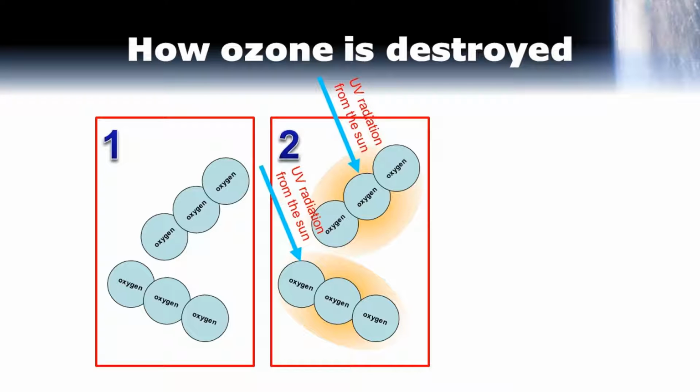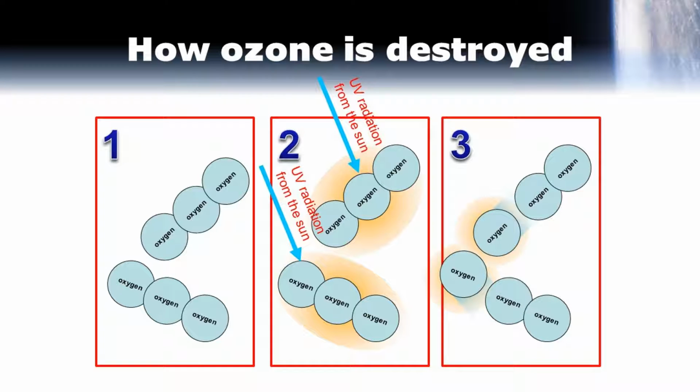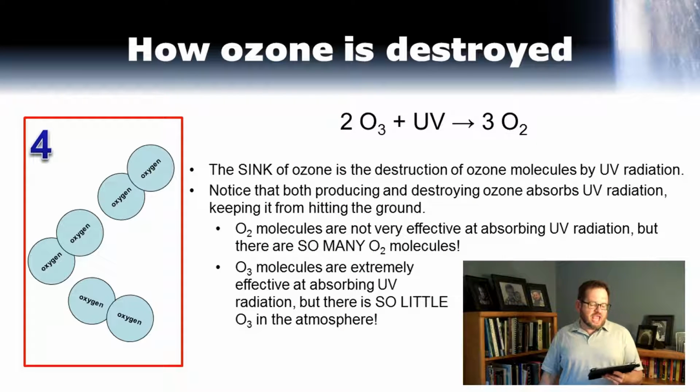To be candid, there aren't that many ozone molecules out there, but every ozone molecule is super duper good at absorbing ultraviolet radiation. If that photon of ultraviolet radiation even comes close to that ozone molecule, he's going to suck it up, and he's going to use that energy that comes from that ultraviolet radiation to burst that ozone molecule apart into an oxygen molecule, O2, and 1 free oxygen atom, which will quickly find each other and bind up, and you'll end up getting 3 just regular O2 molecules.